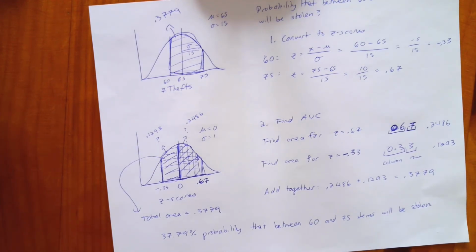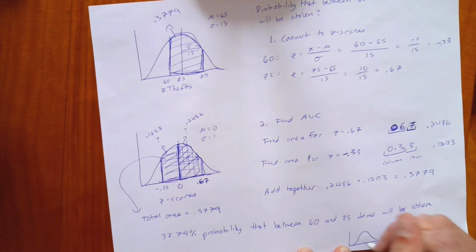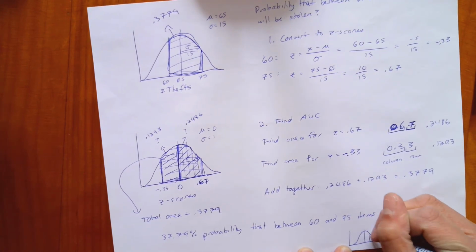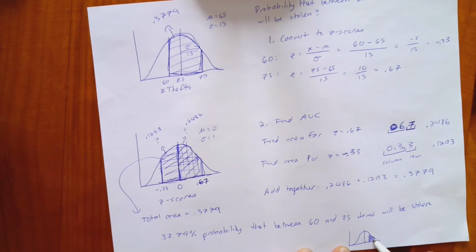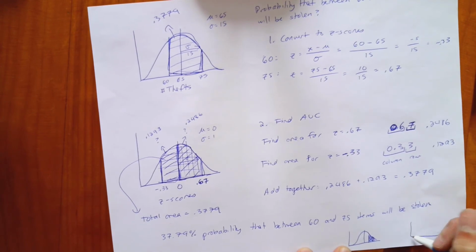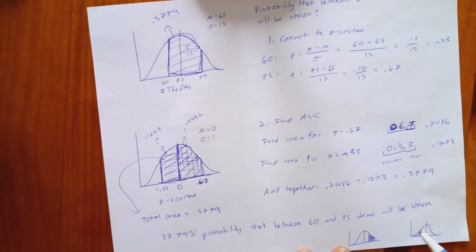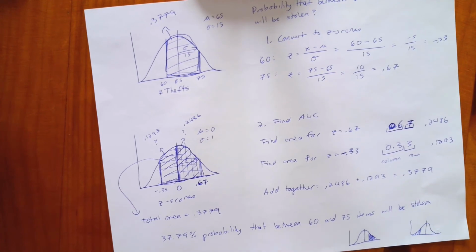And as a quick note, there are other combinations that you can do here to find the probability. So if both of your lines were on one side of the mean, for instance, you could find the probability between those two. You could find the probability between some value and either end of your distribution.